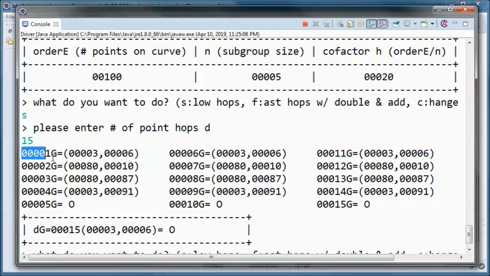So it has 5 points and it is repeating. So n, the subgroup size, is 5, and the cofactor h is the order of E over n, and this would be the cofactor.